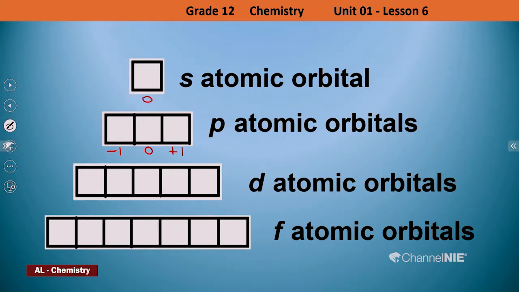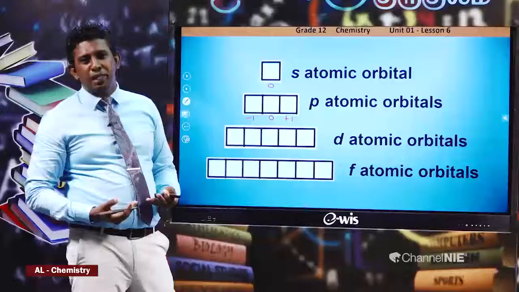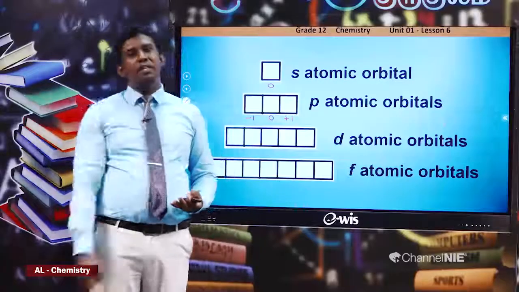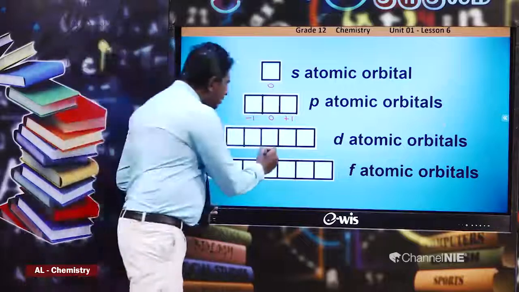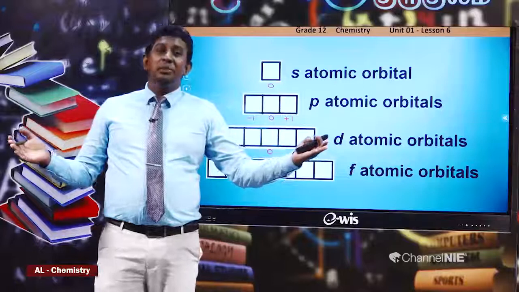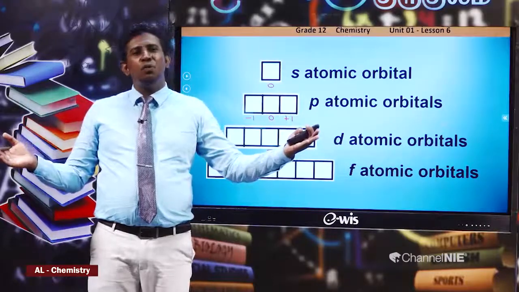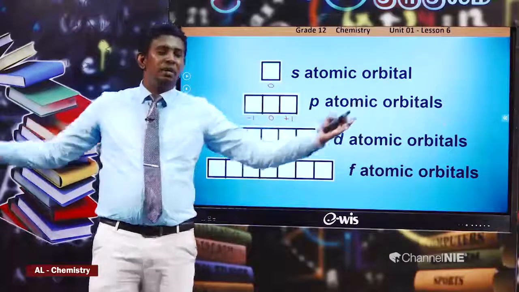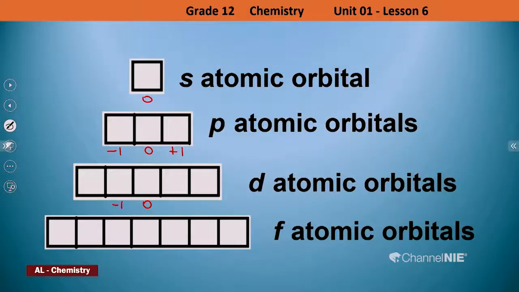Then students, when you come to the d subshell, it's carrying 5 atomic orbitals. So 1 you denote with 0. Then the others you assign are the values you find at 2 sides of zero: -1, +1, -2, +2 are the other values.